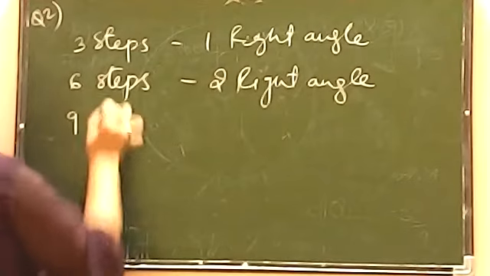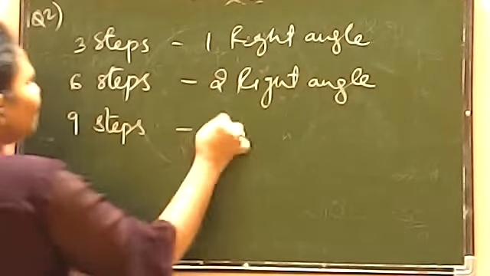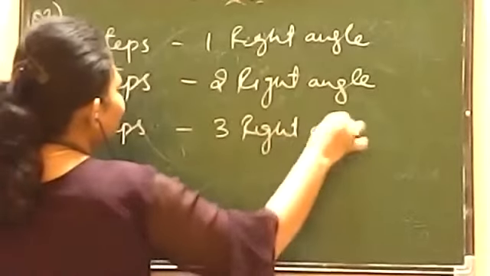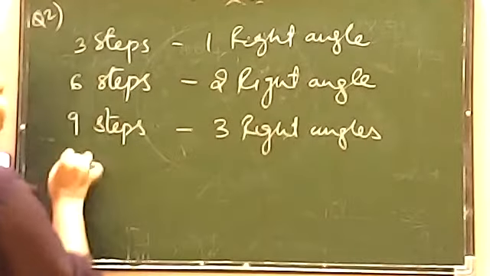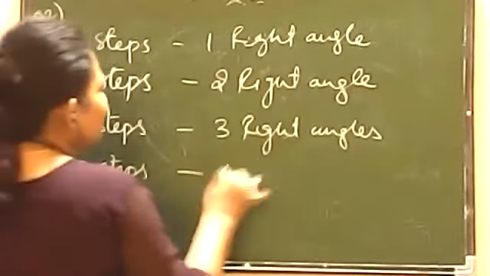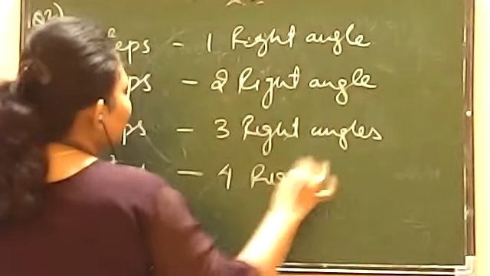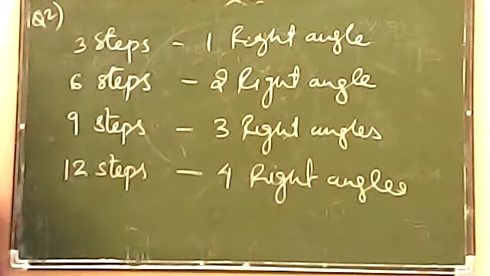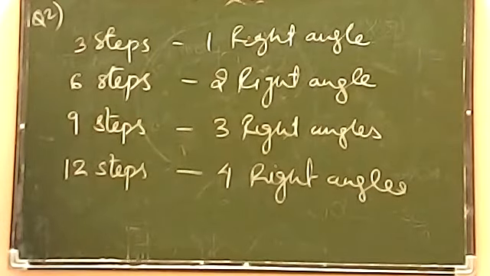When you have 9 steps, you simply say that you have to have 3 right angles in that figure. And when you have 12 steps total, it means you will have 4 right angles, complete angle. Okay, one complete angle, or you can call it simply 360 degrees.